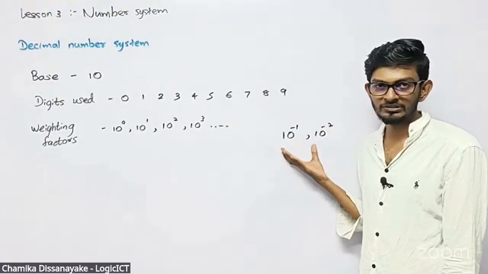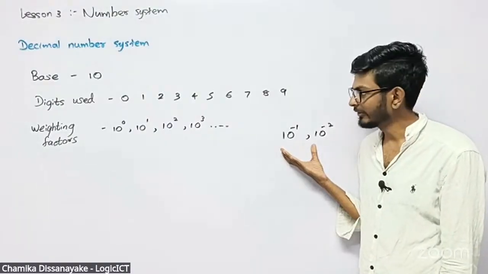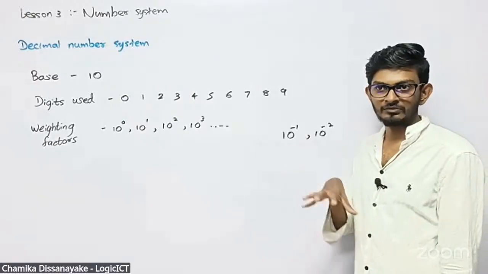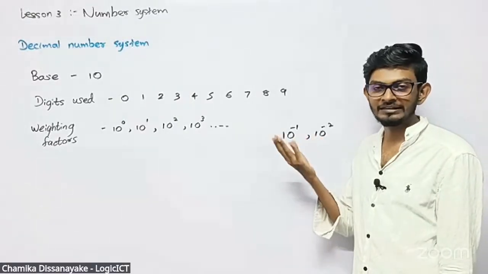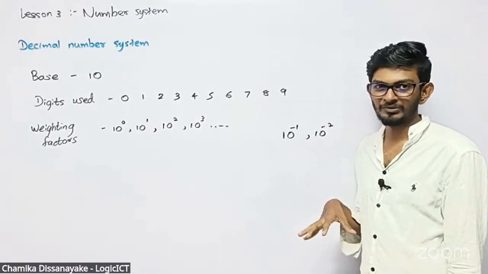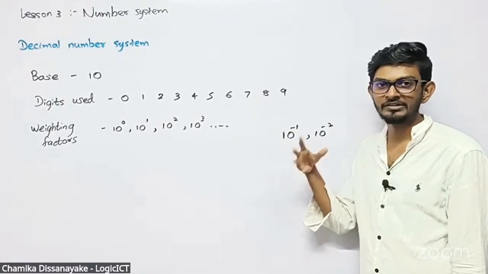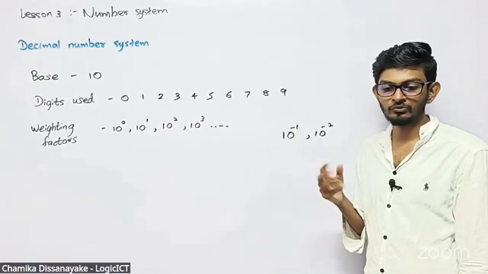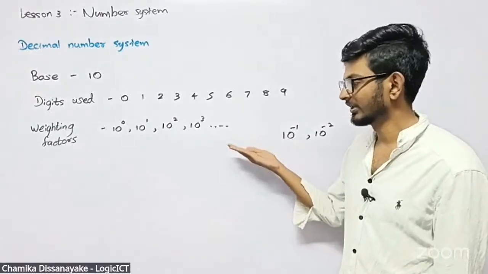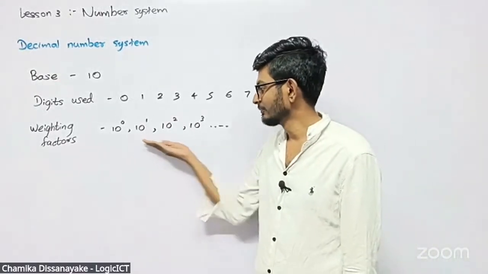That means in the A-level, we will have fraction numbers. But for the O-level, you don't have fraction numbers, only integer numbers, that means full numbers. So you just have to worry about the positive numbers.